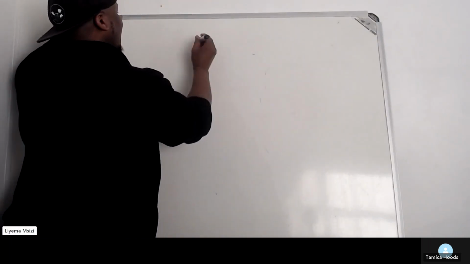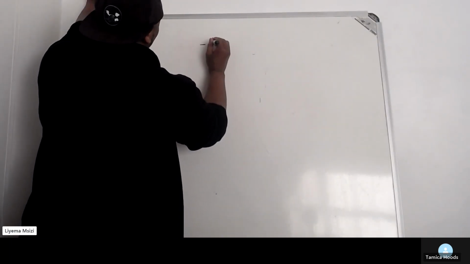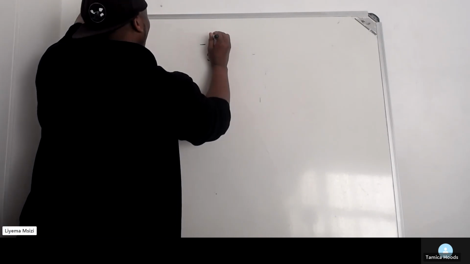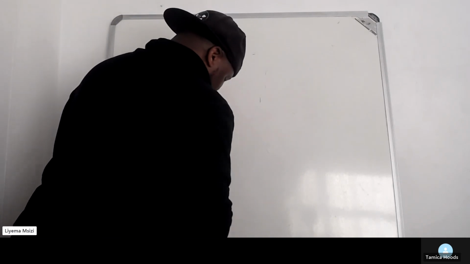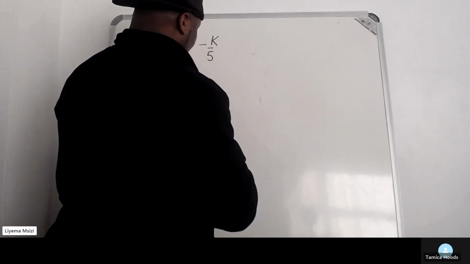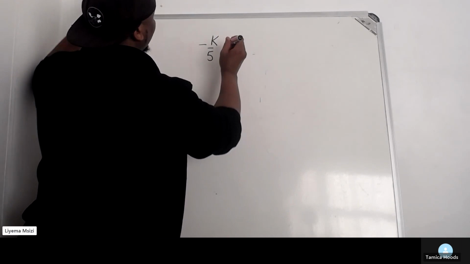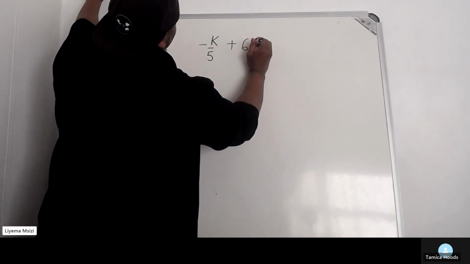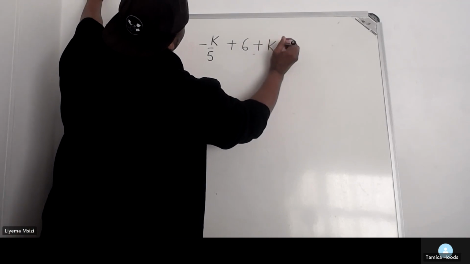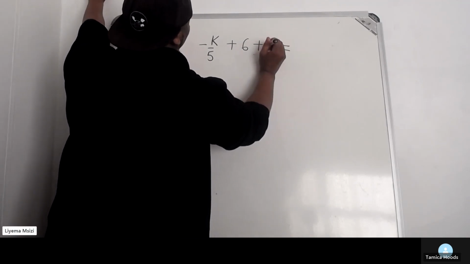Let's say you are given to me now: negative 1/5, let's say negative k/5, plus 6, plus k, plus 4k, let's say.